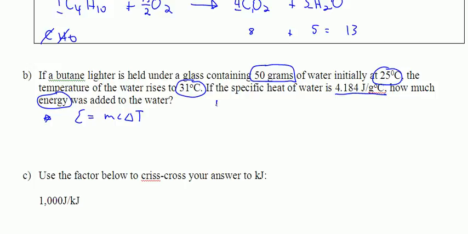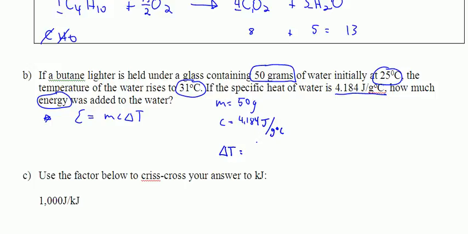I'm going to list out my variables. M is 50 grams, and that's what I want, so I do not have to crisscross. C is the specific heat, which is 4.184 joules per gram degree Celsius. Delta T is the change in temperature.